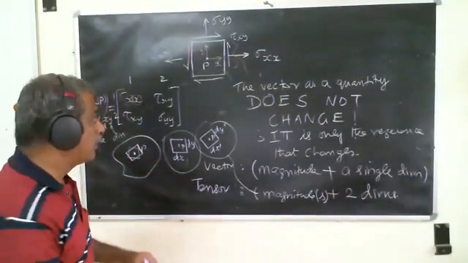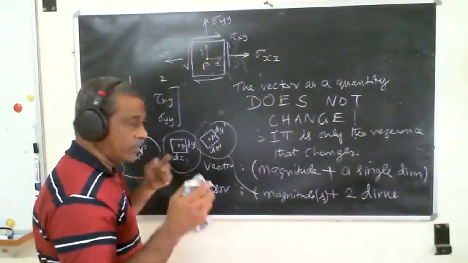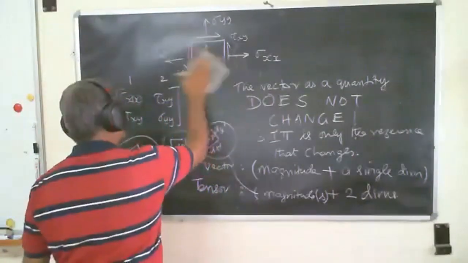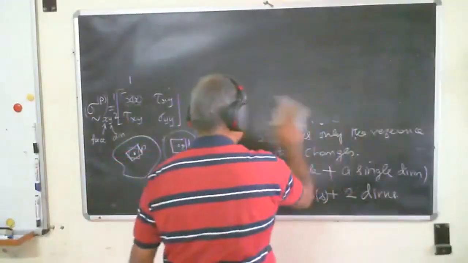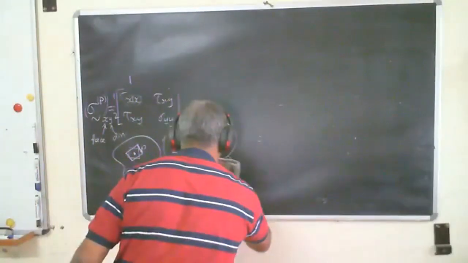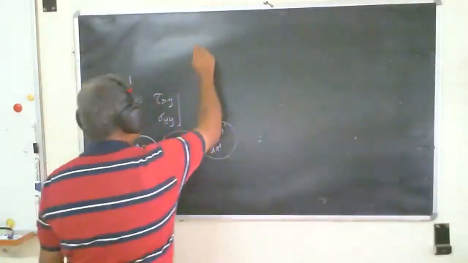I will explain to you later when we discuss that concept. I'll erase it now and ask this question that we had earlier. Before moving on, I said tensor, right?